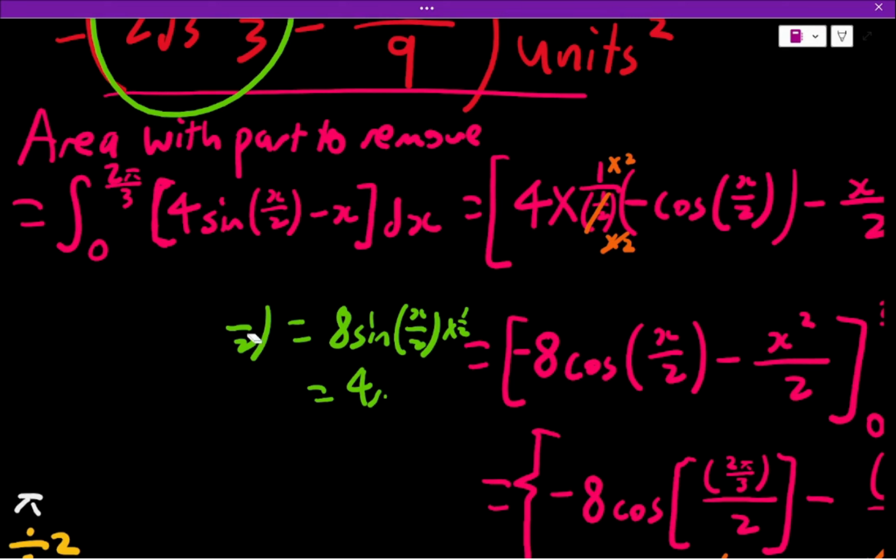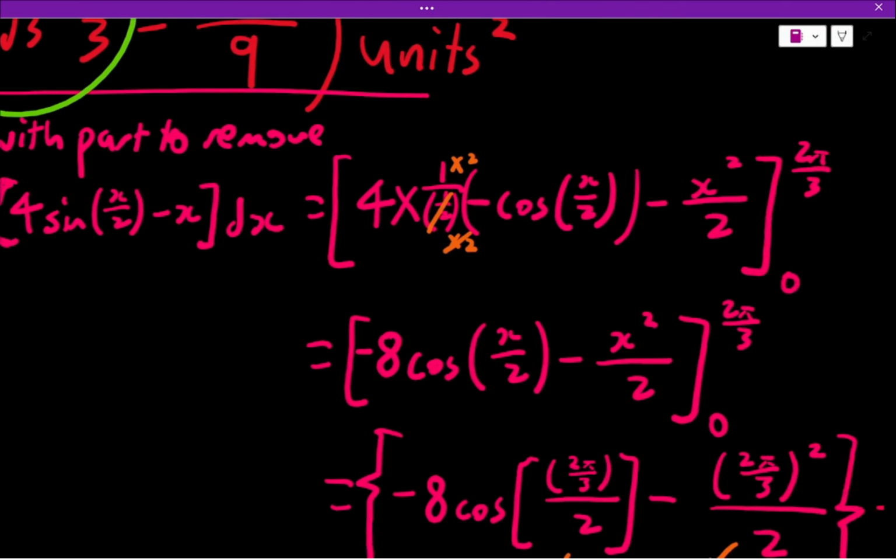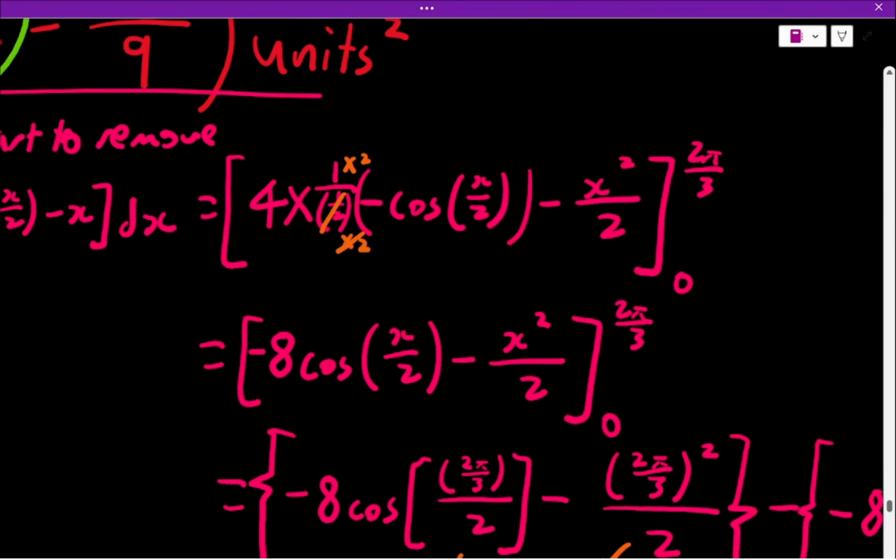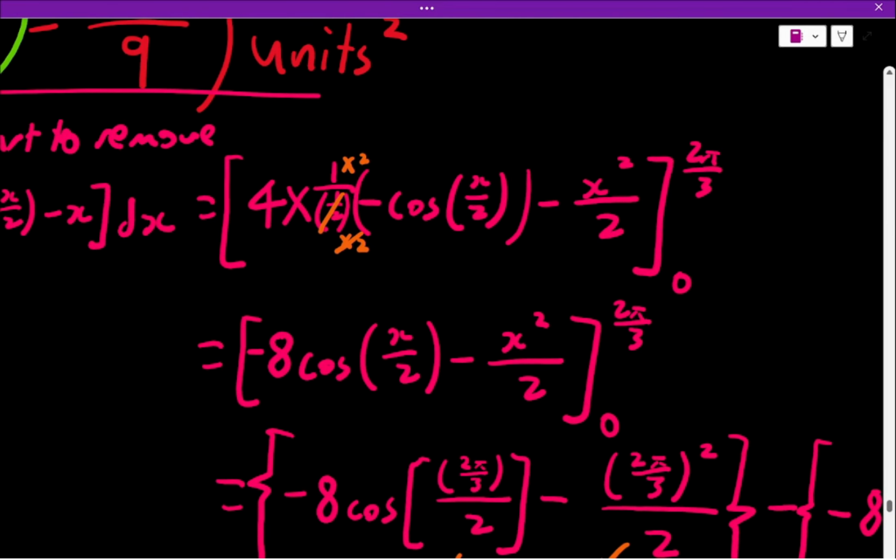Okay. Maybe the computation was wrong. Minus x over 2. Hold on, yeah. X over 2, the derivative is x.